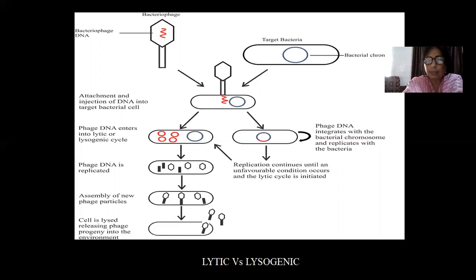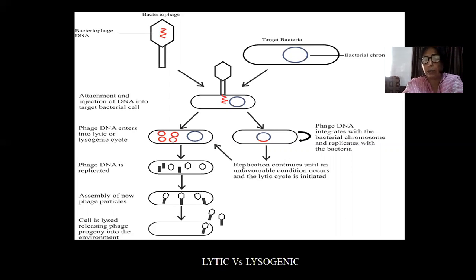As soon as it replicates its viral DNA, it forms various proteins, translating proteins for the capsids and for the tails. Then the assembly of the particles takes place and the cells are lysed, and a number of progeny are produced outside in the environment, and the bacterial cell is dead.